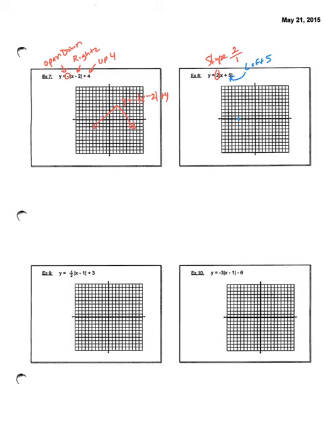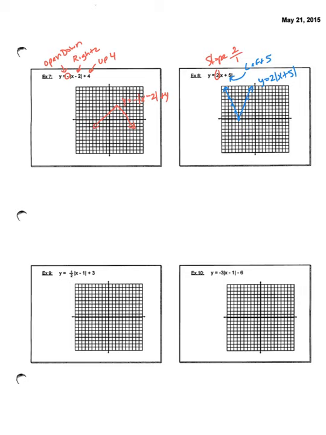And this time my slope is going to be up 2, right 1, up 2, right 1, up 2, left 1, up 2, left 1. And so what you'll see is that your V shape becomes more narrow. So I have y equals 2 times the absolute value of x plus 5, and my V has become more narrow than it was before.